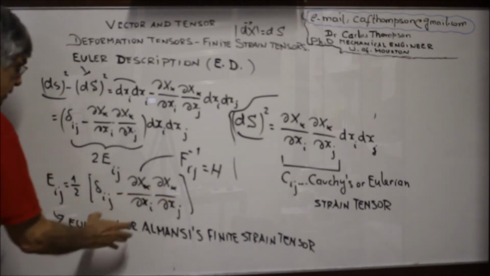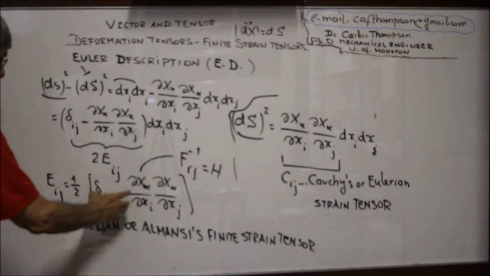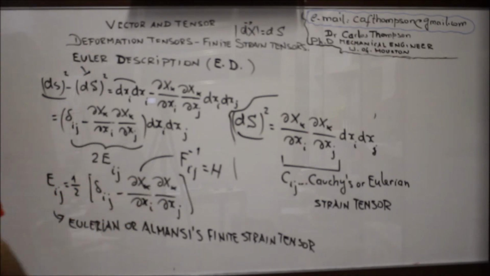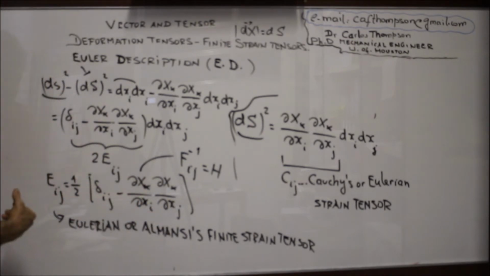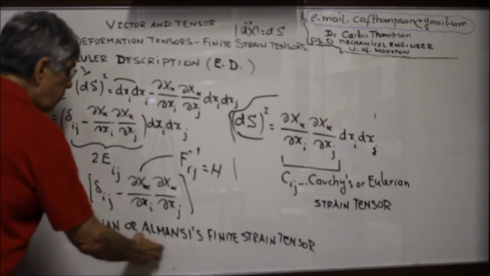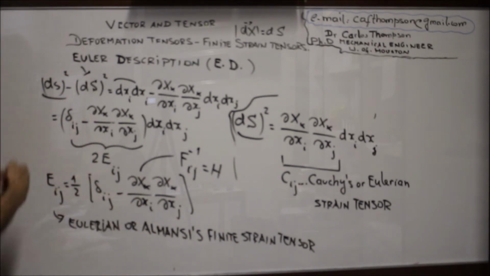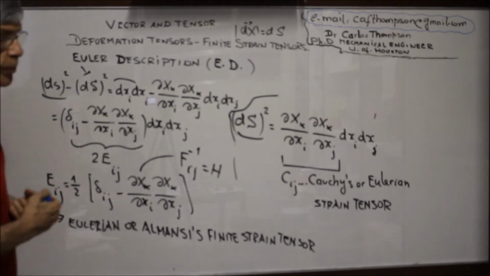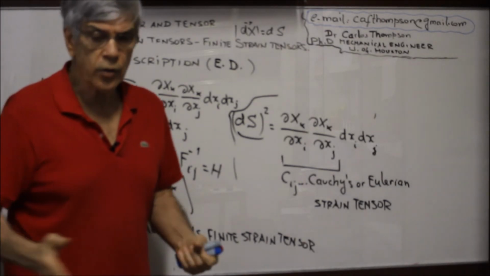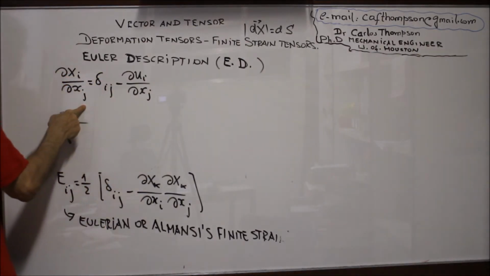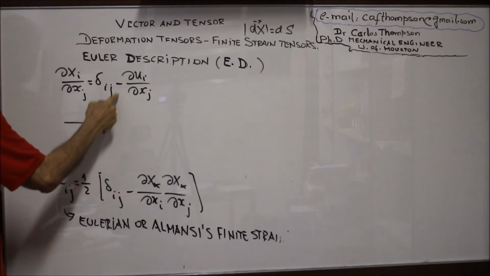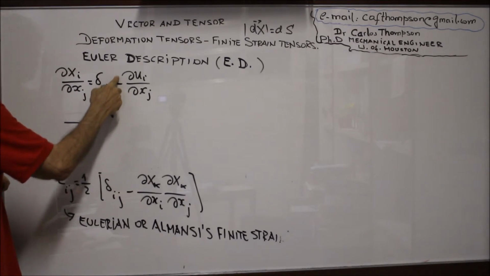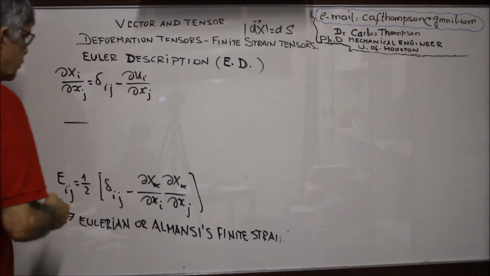Now, let's substitute partial Xk with respect to xi, partial Xk with respect to xj, just for us to represent the Eulerian or Almansi's finite strain tensor in terms of the displacement vector. Let's do it. The derivative of Xi with respect to xj is delta ij minus the partial derivative of ui with respect to xj.